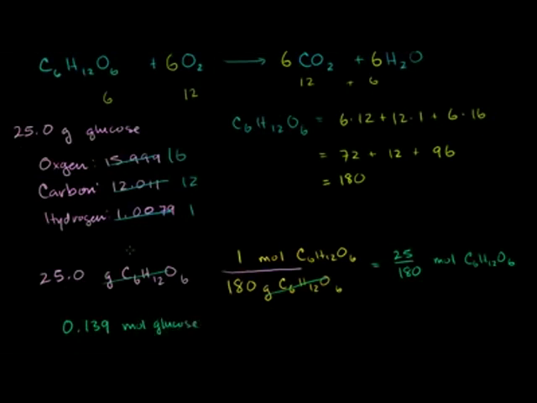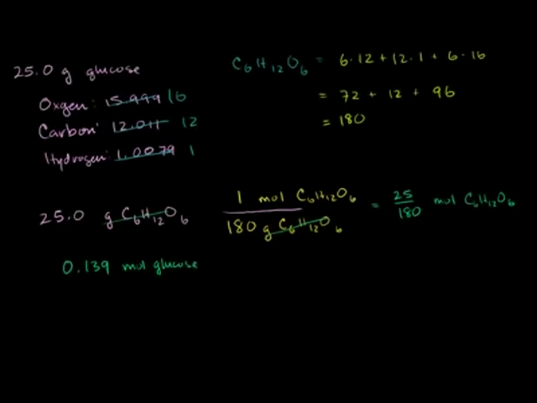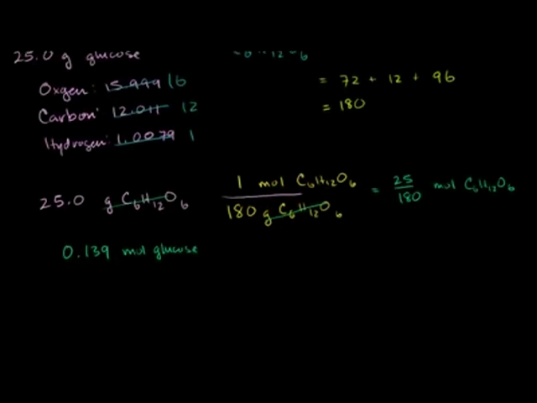Now, we want to figure out how many moles of oxygen. The first step is, for every mole of glucose, how many moles of oxygen, and we know that. It's 1 to 6. So let's write that down, and that's going to tell us how many moles of oxygen we need. And remember, we want to get rid of this moles of glucose, so we want to write that in the denominator.